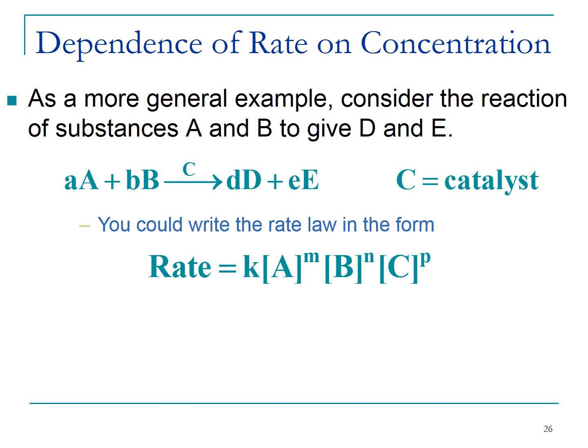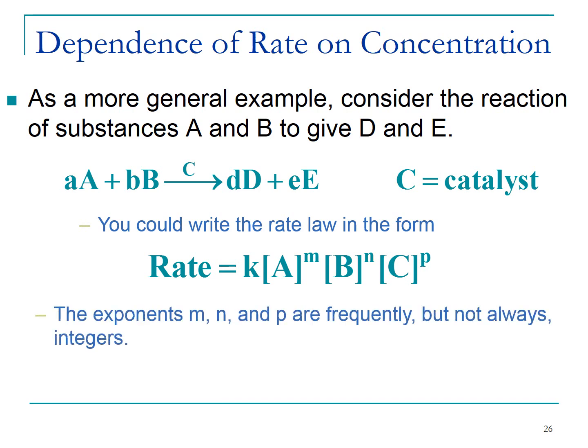So this is how we start. When we want to write a rate law, we say rate equals k times the concentration of A raised to some power times the concentration of B raised to some power, and if there's a catalyst, the concentration of C. And you'll get a better feel for it when we actually do this with some data in a few slides. Now, those exponents are frequently integers, and like I said, most likely in our case they should be integers.